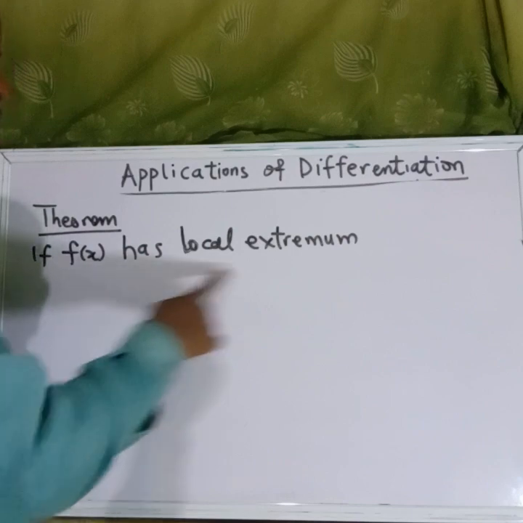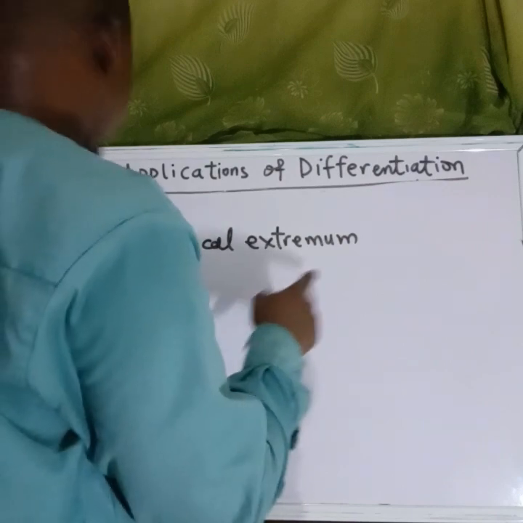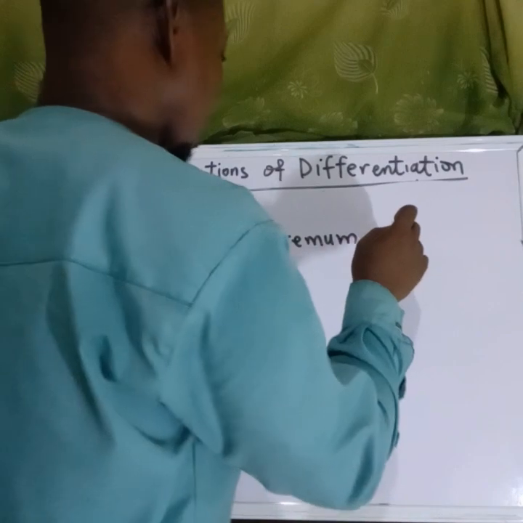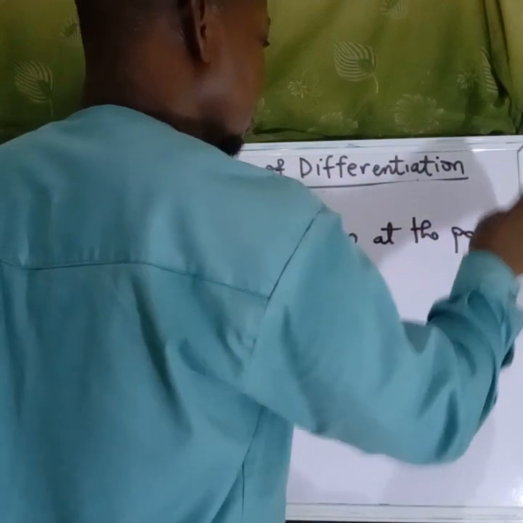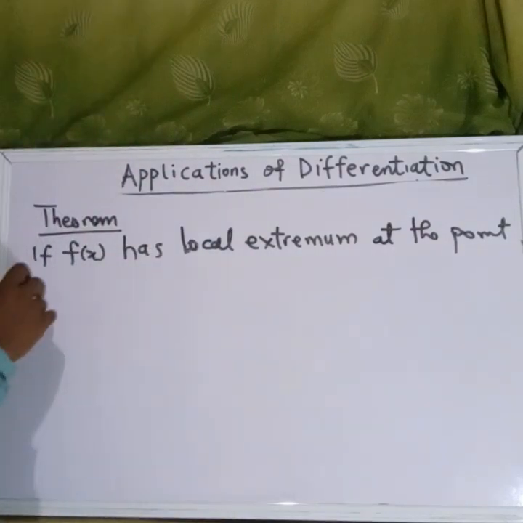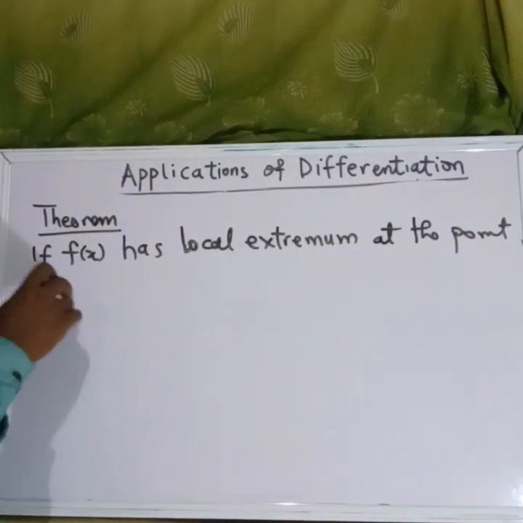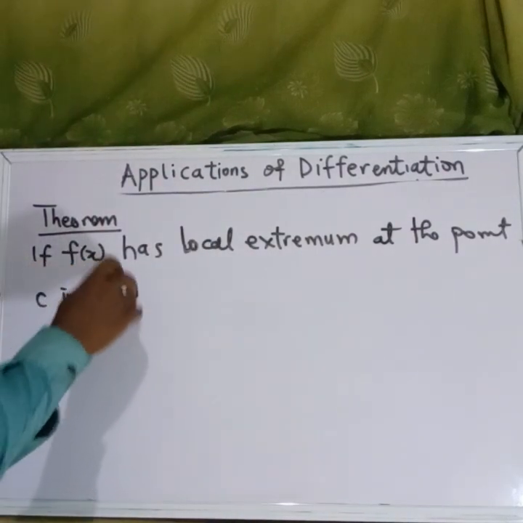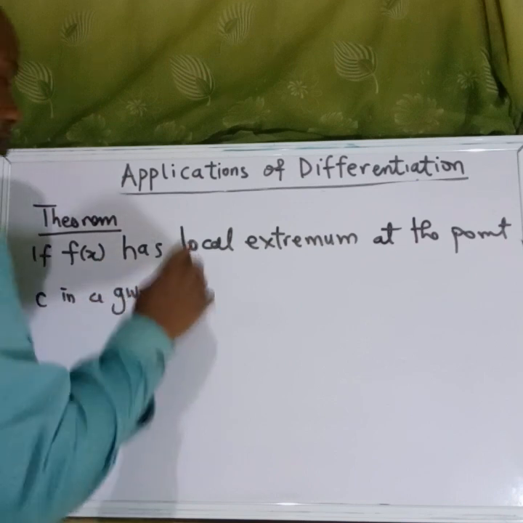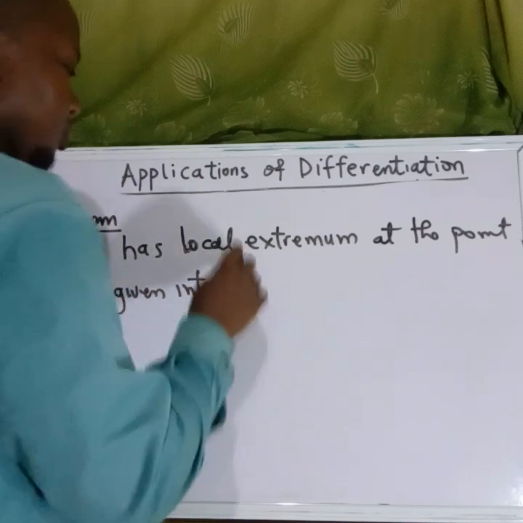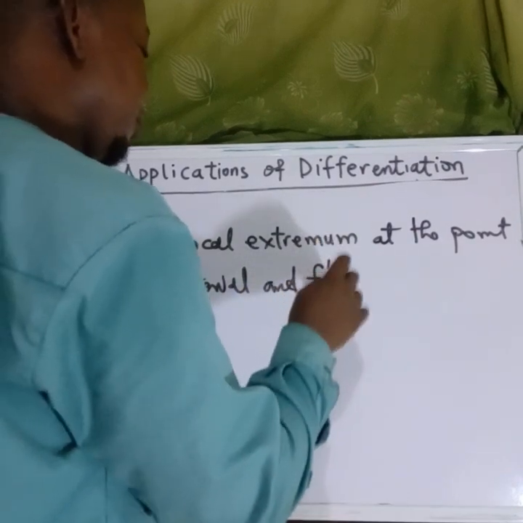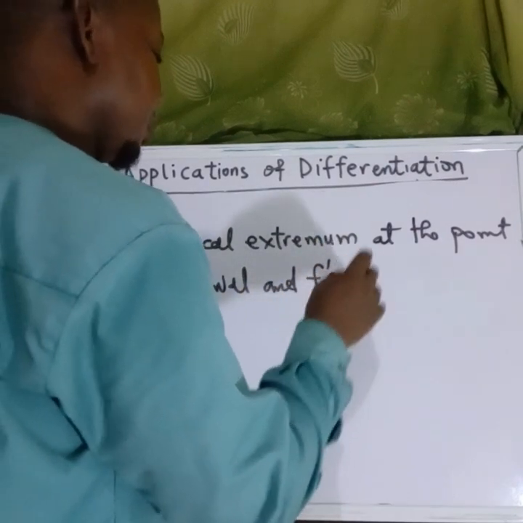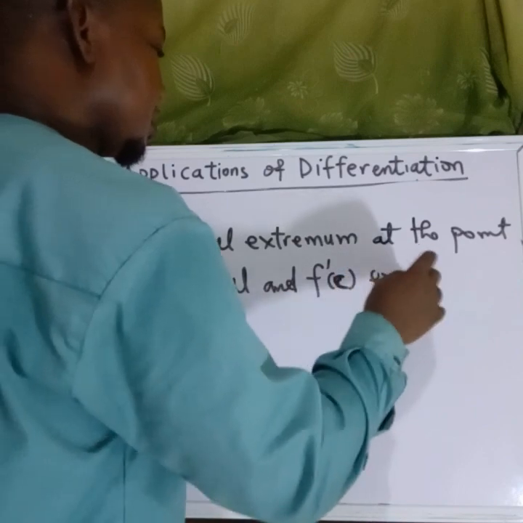So if f of x has local extremum at the point c in a given interval, and f prime of c exists.